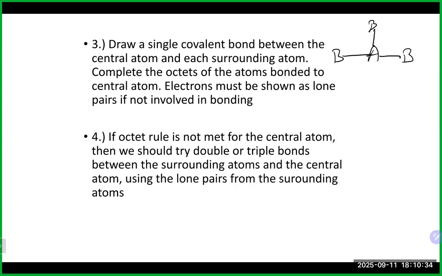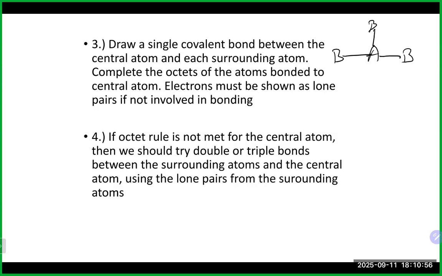Go from the center atom to all the outside atoms with a single bond. You should not jump right into double and triple bonds, because you'll probably end up with a bad structure. So single bond everybody first.